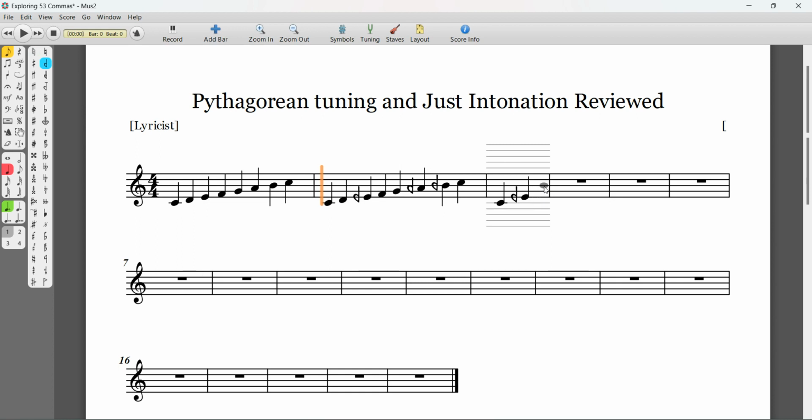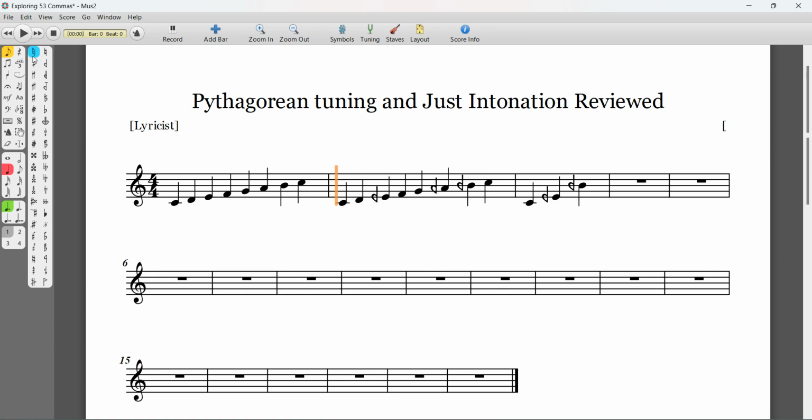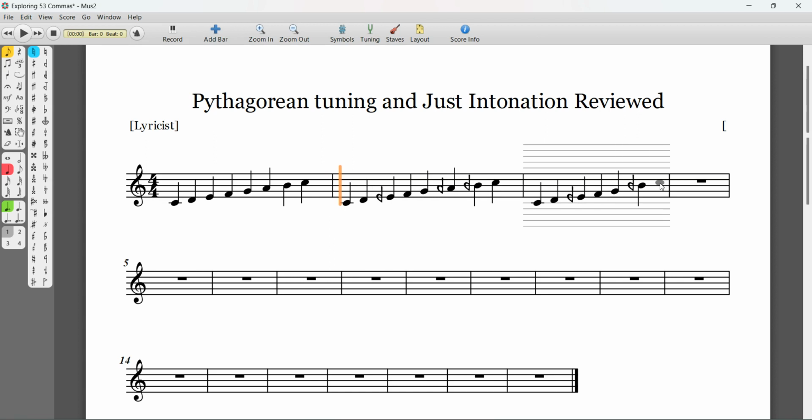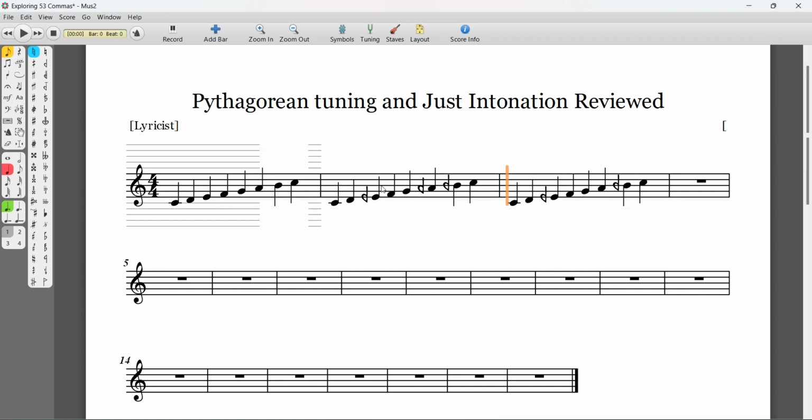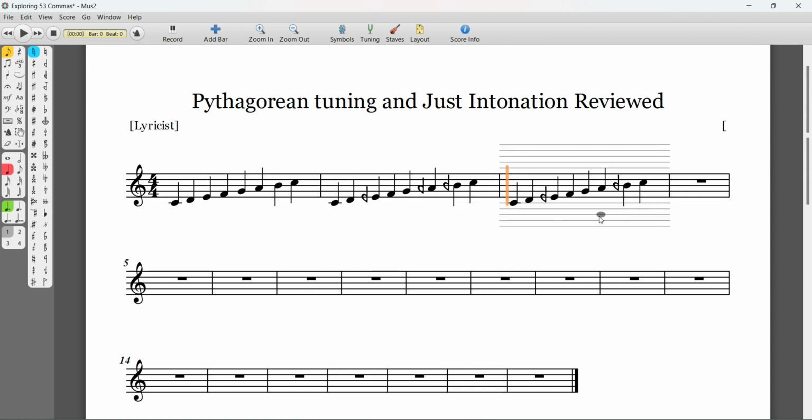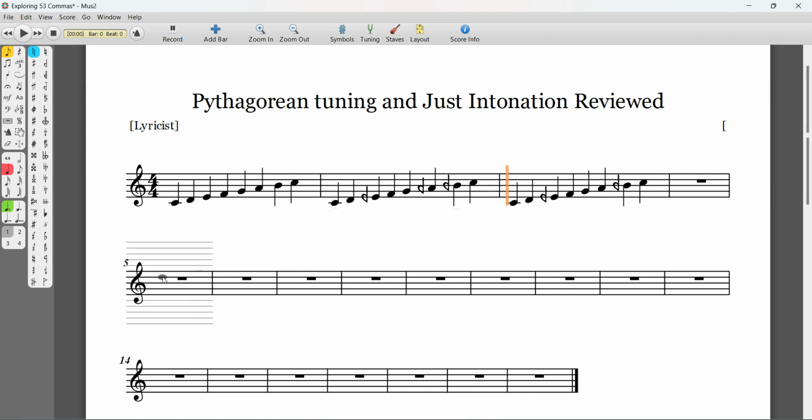That will be the E and the B. So just now we get 3 different flavorings of the major scale, and there are infinitely many possibilities.